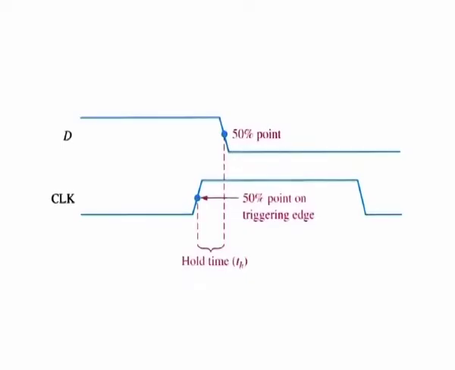Hold time. The hold time Th is the minimum interval required for the logic levels to remain on the inputs after the triggering edge of the clock pulse in order for the levels to be reliably clocked into the flip flop. This is illustrated in the figure for a D flip flop.